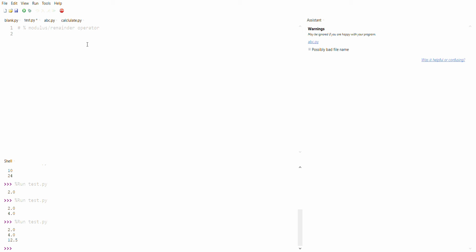It just divides the value and finds the remainder and gives the remainder to you. Let's check. Print 40 % 12.